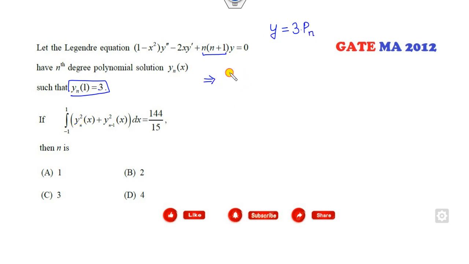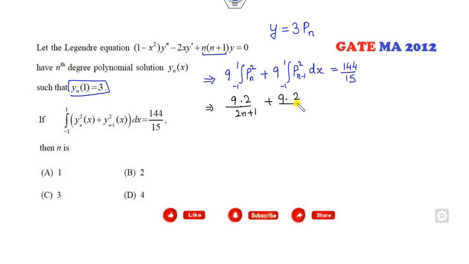So what is that? 9 will be outside, integral from 1 to minus 1 of Pn squared, plus again 9 is outside, but n will be n minus 1 squared. It comes to be 144 divided by 50. Now what is the right answer of this? It's 9 into 2 over 2n plus 1 plus 9 into 2 over 2n, because n in this case is n minus 1.